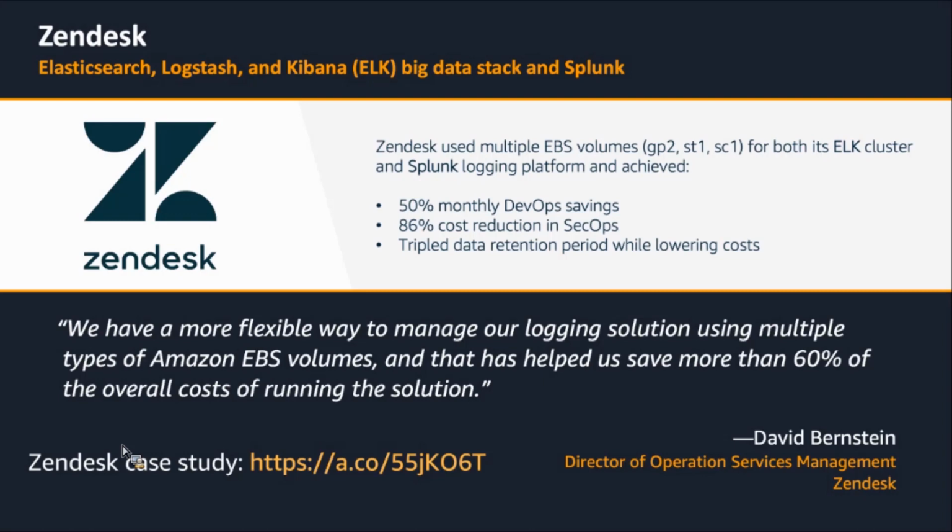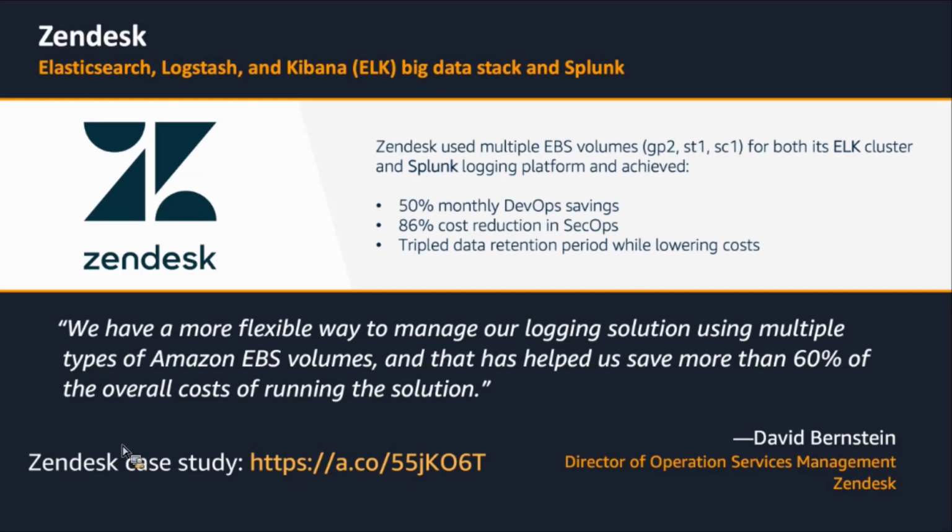Here you can see Zendesk has a tiering strategy. They use the GP2 volume for hot data, then use HDD volume for colder data, and the least infrequently accessed data they ship to SC1 volume. This tiering strategy is built on top of the ELK, or Elasticsearch, Logstash, and Kibana, application workload.